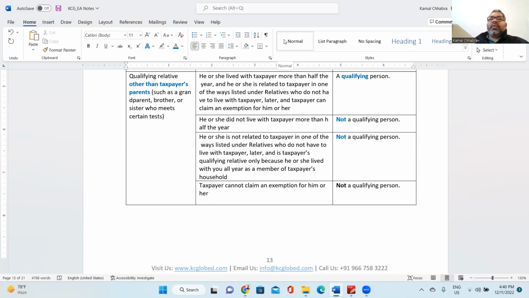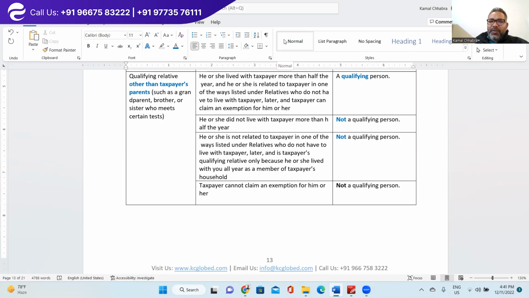Other than that, you cannot claim head of household status if the person is not your relative, has not lived with you for more than 6 months, and you have not paid more than half of the expenditure for maintaining the house. So if those three conditions are not met, then you should not consider your status as head of household, right? Any doubt?